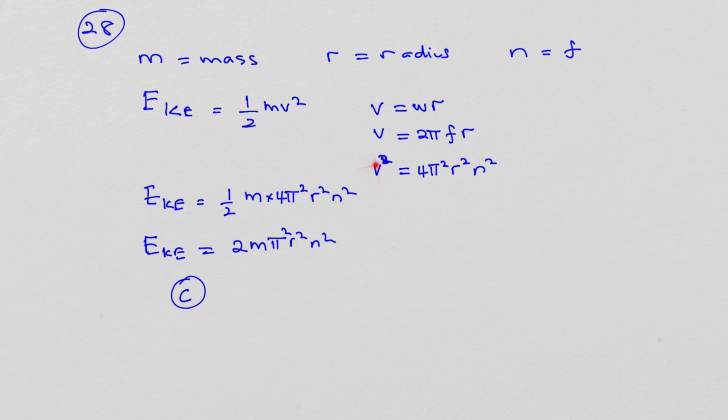Now v squared is 4 pi squared r squared n squared, because n is f. So kinetic energy is a half m 4 pi squared r squared n squared, and the 2 cancels out the half. You will get the kinetic energy as 2m pi squared r squared n squared, and the answer is C.